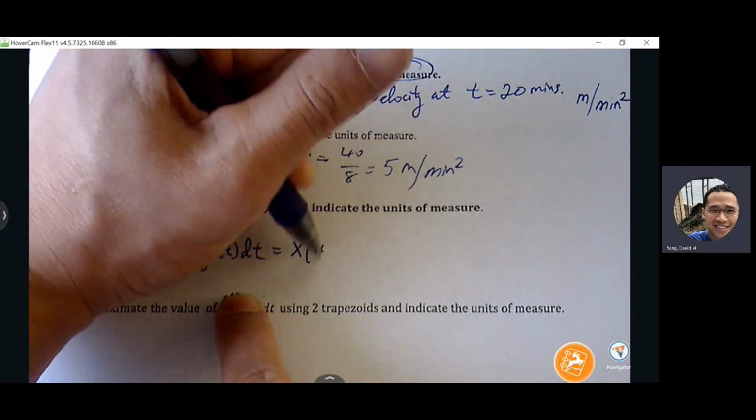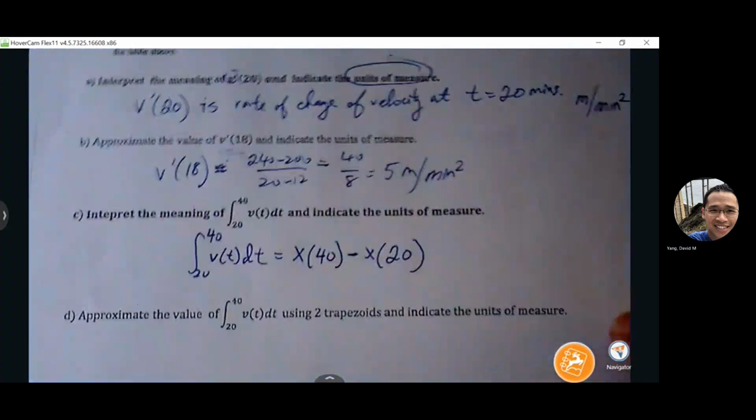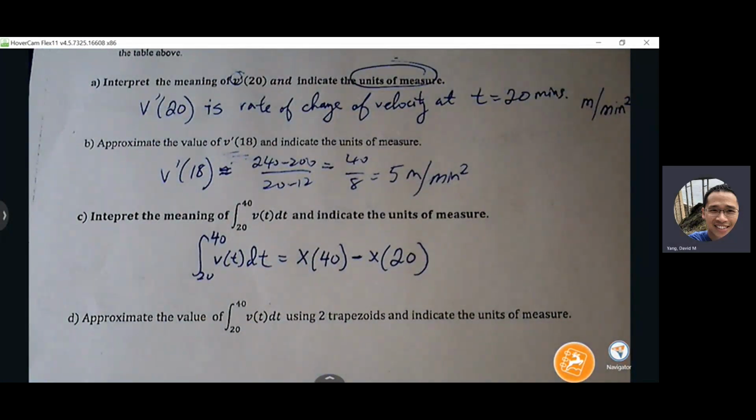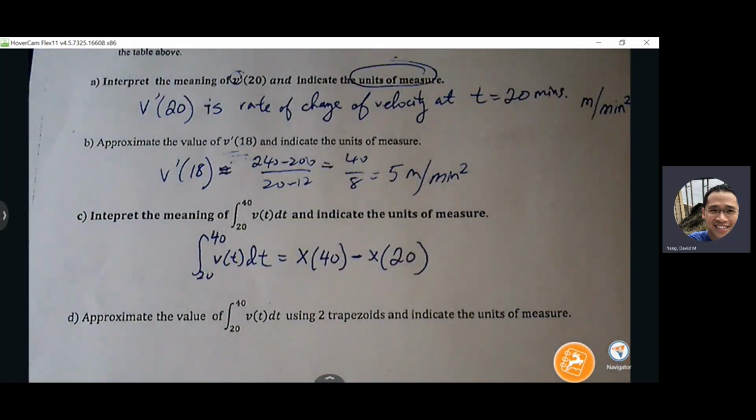So x of 40 minus x of 20. So what's a way that we can say this similar to how we interpreted on the previous page? Change in position, or you can even say change in distance. Change in position or change in distance between 20 and 40 minutes.